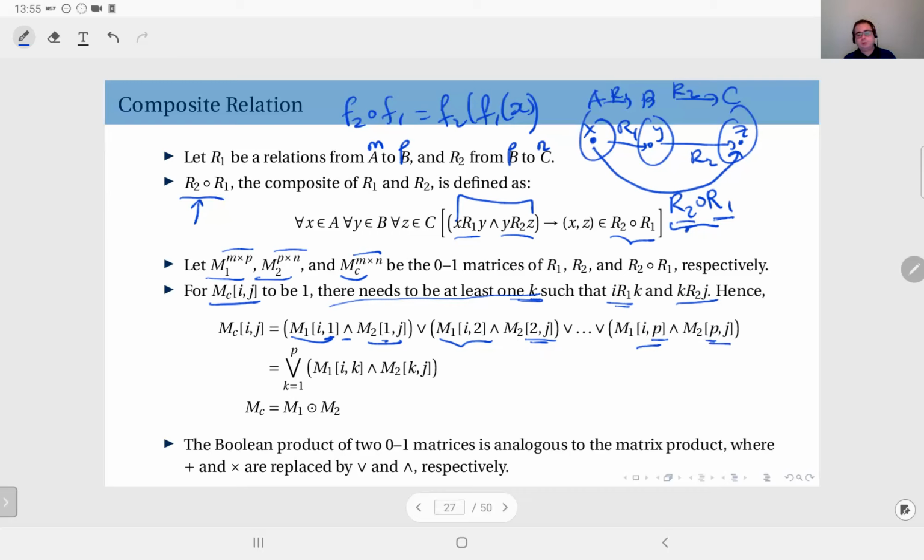If either one of these is satisfied, then this will be 1, otherwise it will be 0.